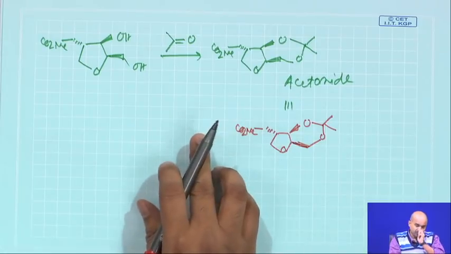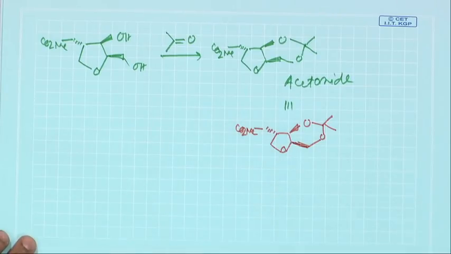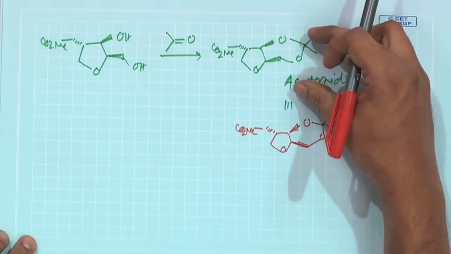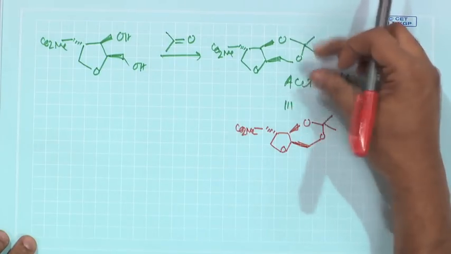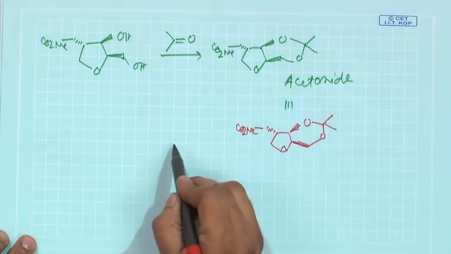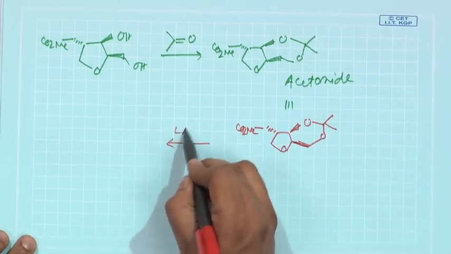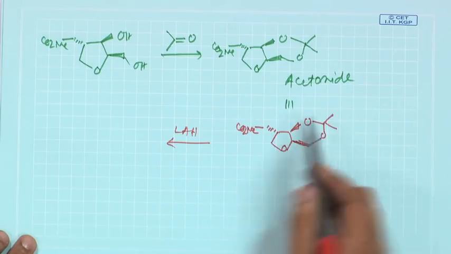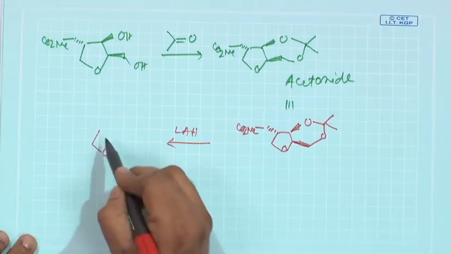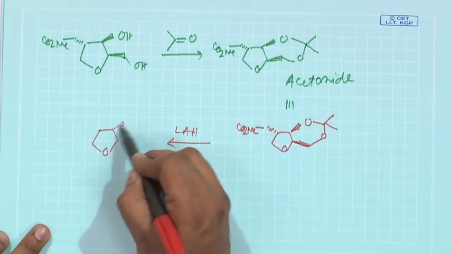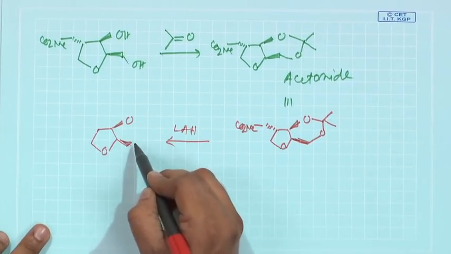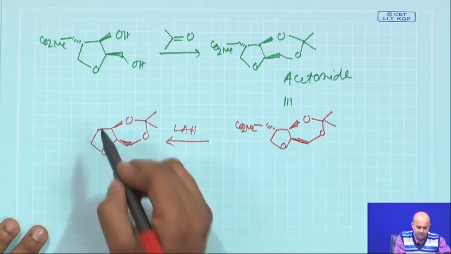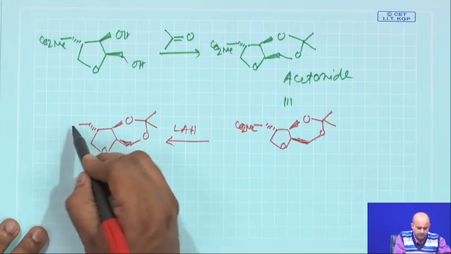So, what strategy have we observed here? We basically use one equivalent of a chemical reagent which can react with the secondary as well as the primary, and then use LAH. LAH will not affect this acetonide protecting group. So, you have to make sure the protecting group is not affected by the reagent you will be using for your FGI.